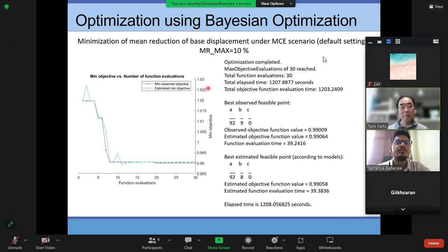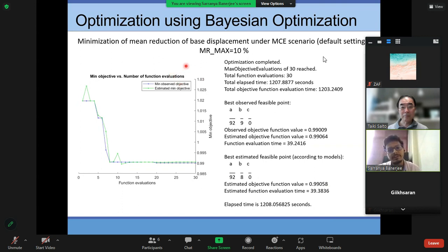So the first optimization objective that I have developed is the minimization of the mean reduction of base displacement. In this objective, I have 20 earthquakes.